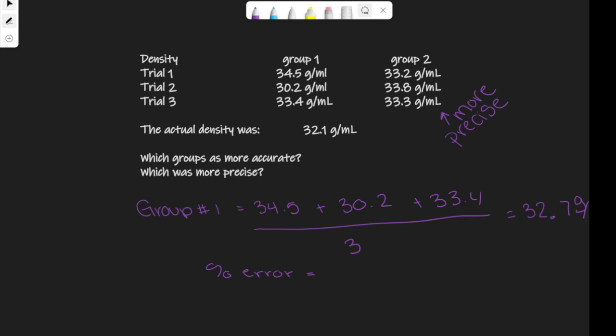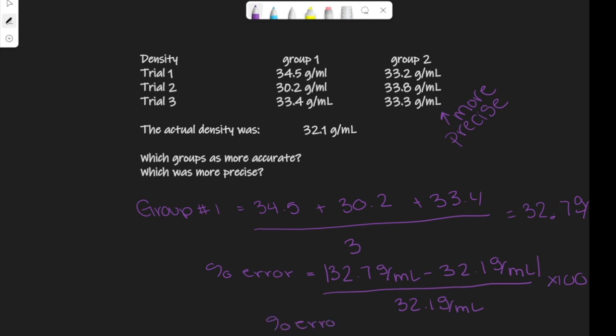My percent error is going to be my average, or my experimental, minus the actual, all divided by my actual, times 100. I get my percent error for this one to be 1.87%.